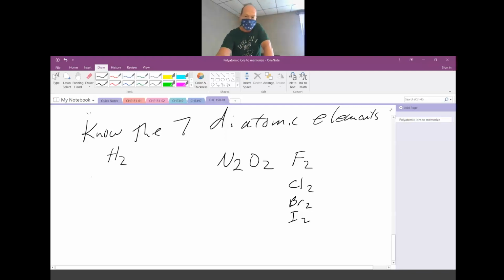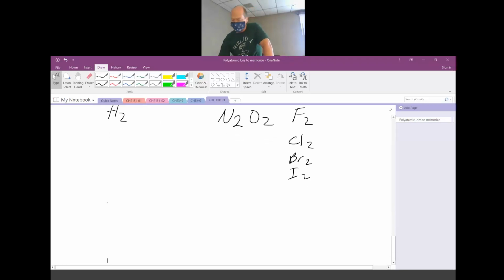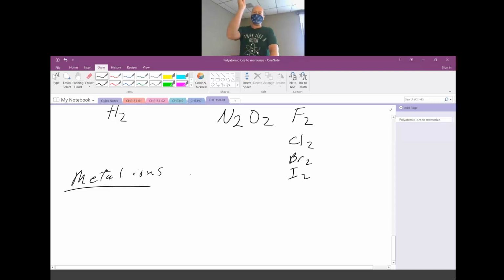Your metal ions that you need to memorize. These are your transition metals. You already have your +1 column, your +2 column, your +3 column, no exceptions for the +1 and the +2 column.